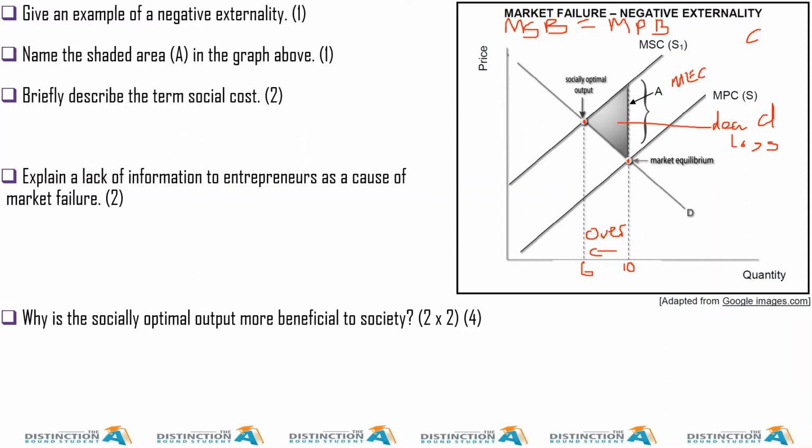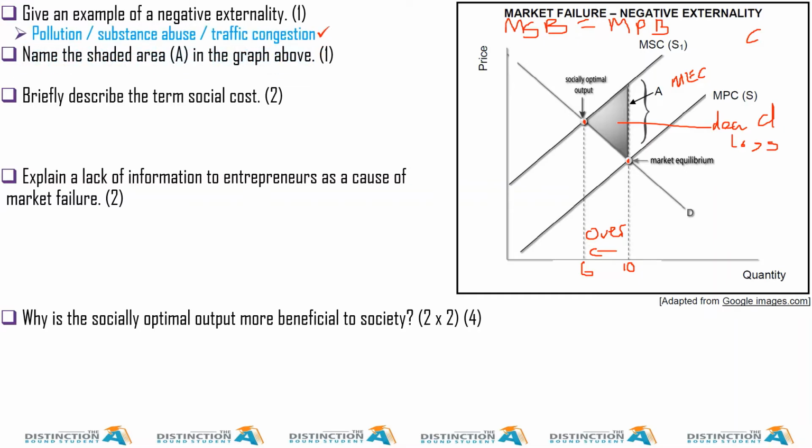If I make this cigarettes, so this here is representing, if you look from here, an additional unit like a 7, what happens to marginal social cost? It increases. But look here. So this whole section here, it represents a deadweight loss. Okay, let's see. Give an example of a negative externality. Okay, here you can give anything like cigarette.